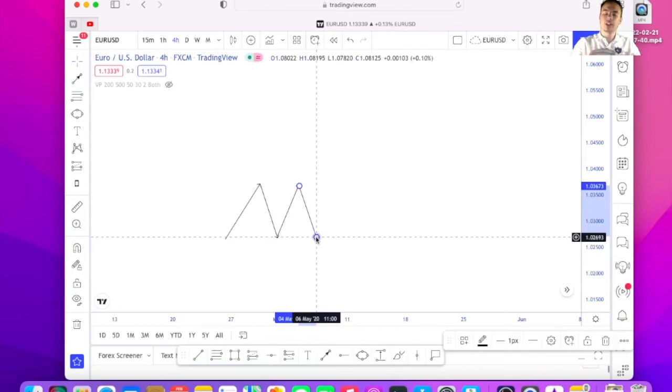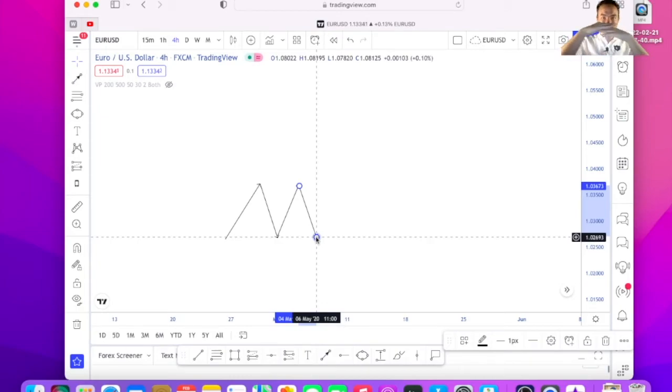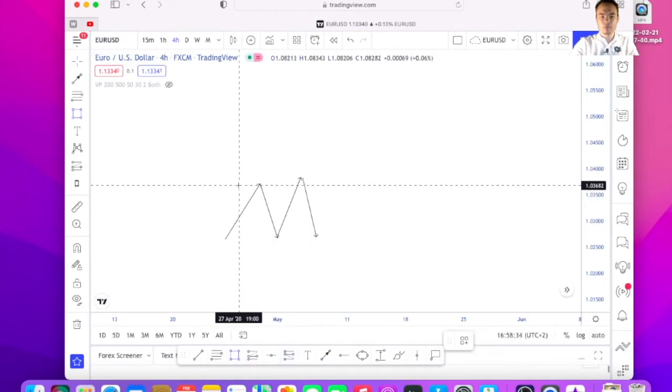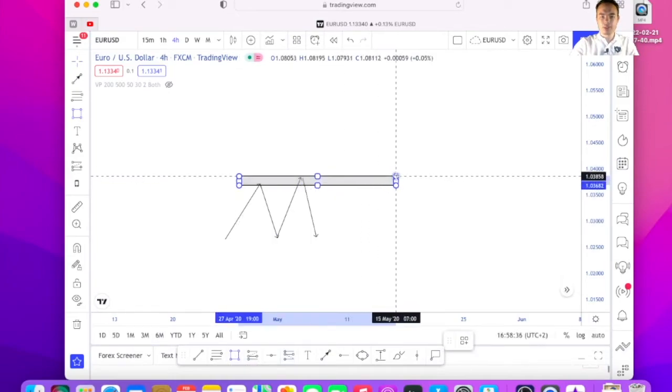Now, look, it can be a bit above, it can be a bit below. It doesn't have to be exact, because remember, you always have to think of areas instead of lines. So it's zones and areas, not exactly a line. It can come up to here, because that's basically like a zone, like that.